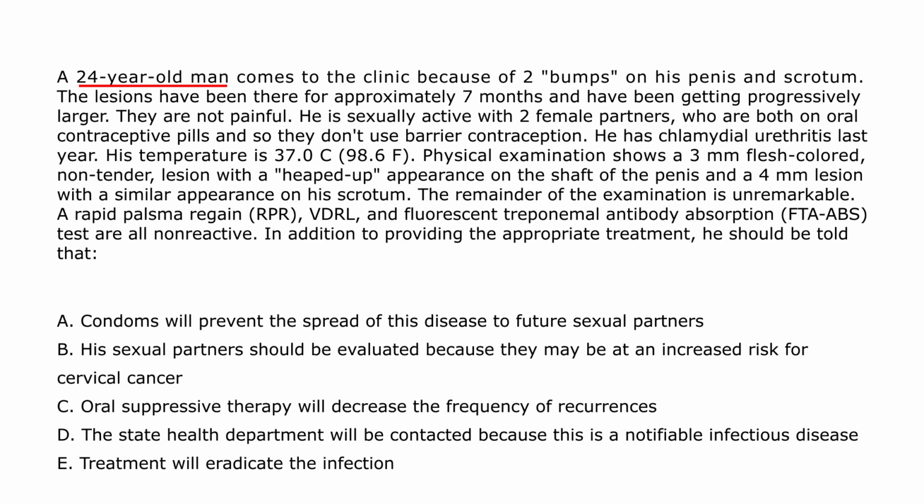A 24-year-old man comes to the clinic because of 2 bumps on his penis and scrotum. The lesions have been there for approximately 7 months and have been getting progressively larger. They are not painful. He is sexually active with 2 female partners who are both on oral contraceptive pills, so they do not use barrier contraception. He had chlamydia urethritis last year. Temperature is 96.